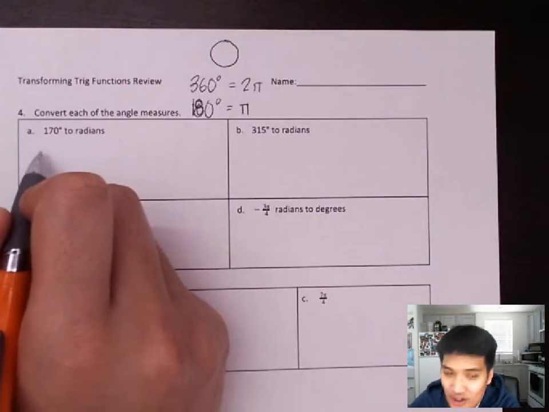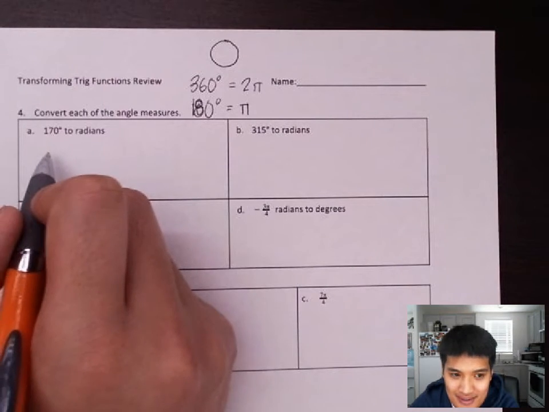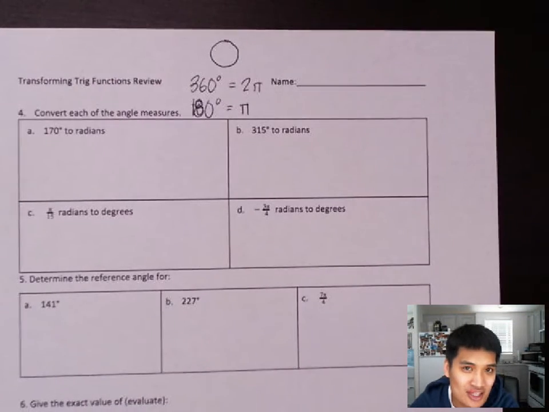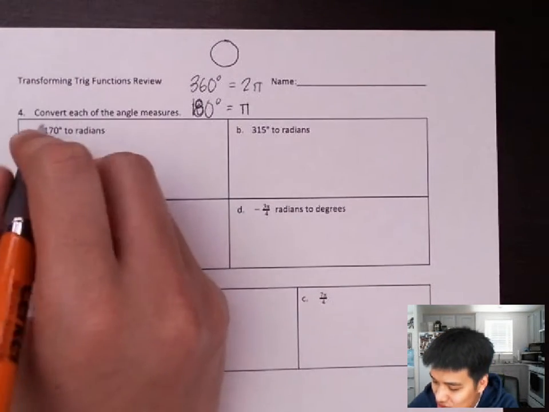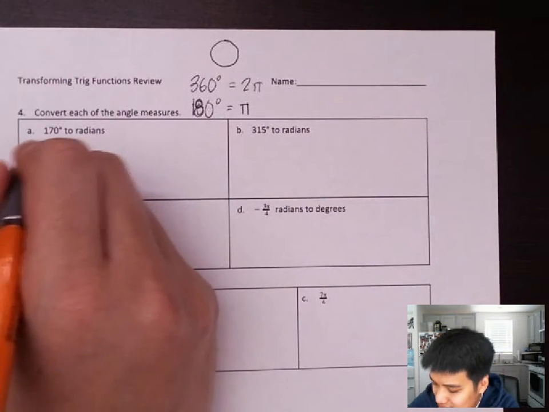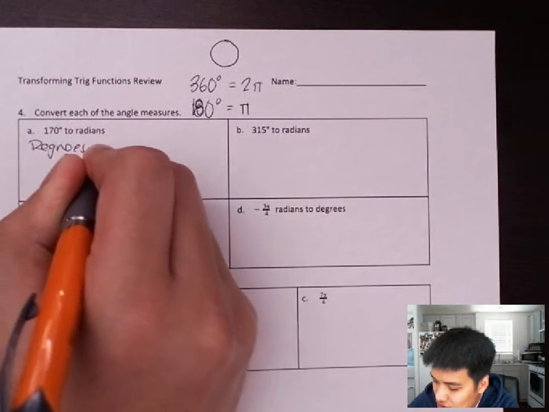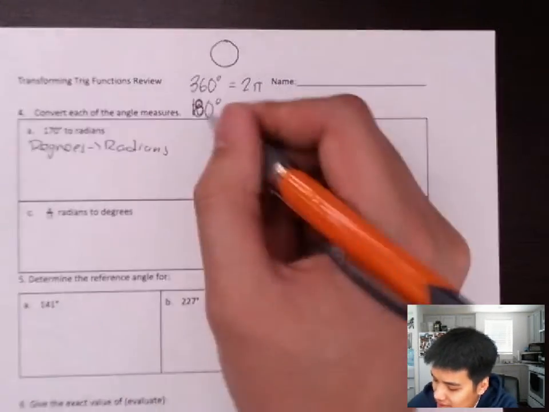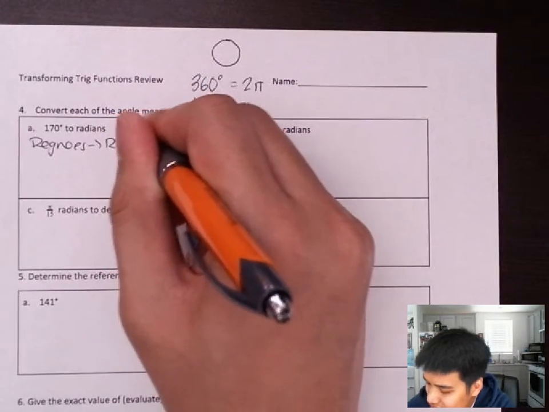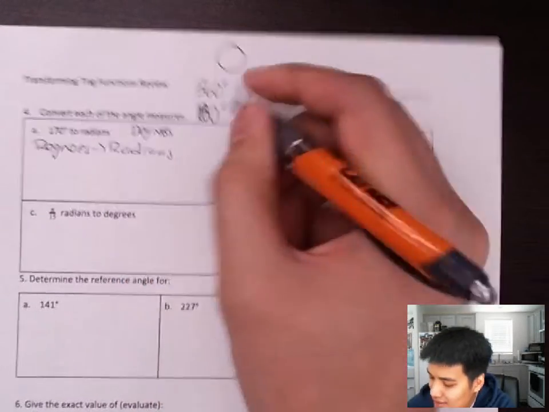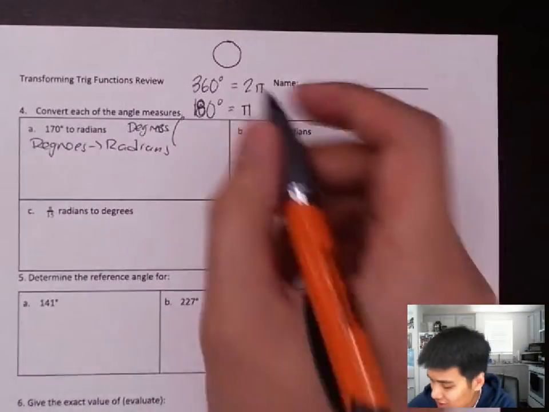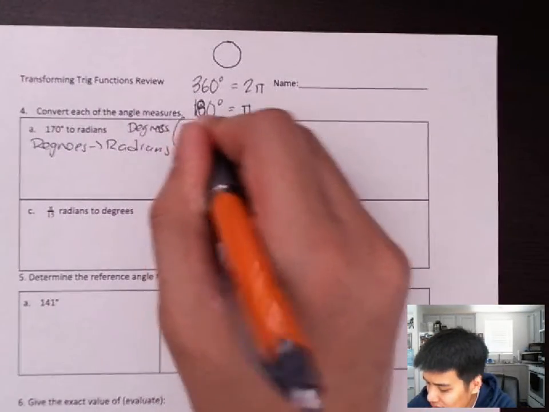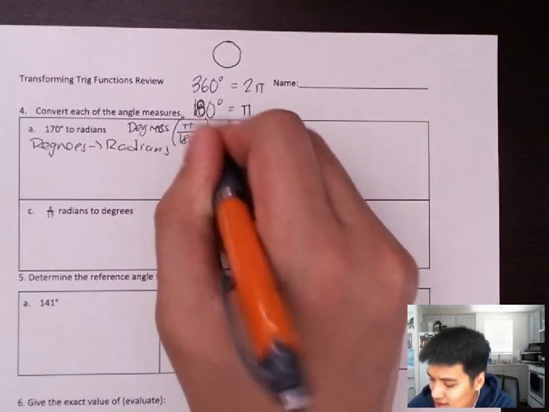So when I'm converting something from degrees to radians, I just have to multiply it by a conversion factor. To get from degrees to radians, what we need to do is multiply the degrees by this factor here, which is pi divided by 180 degrees.